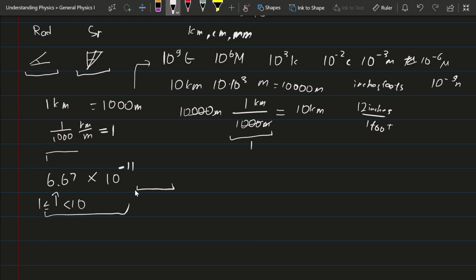The first number tells you a lot about the precision of the measurement, while the backside tells you the order, or how big the number is. Here, you could see that the measurement is precise until 6.67, and then the third decimal place is not yet known.